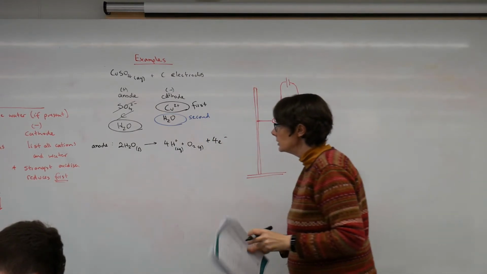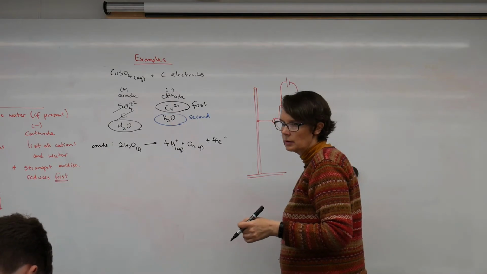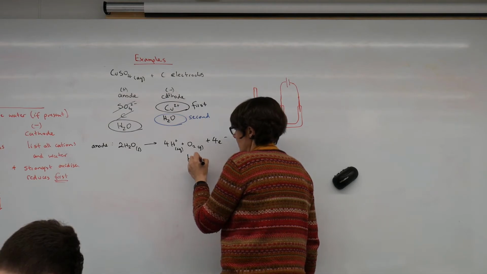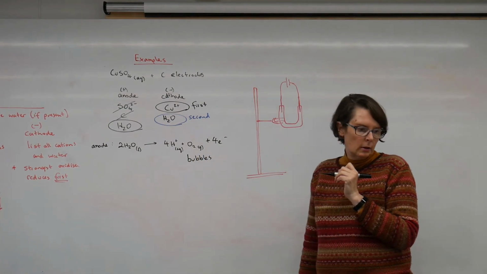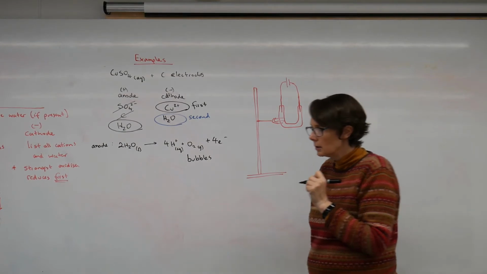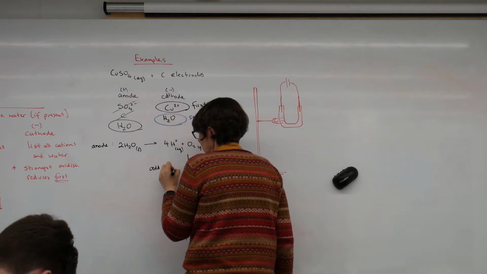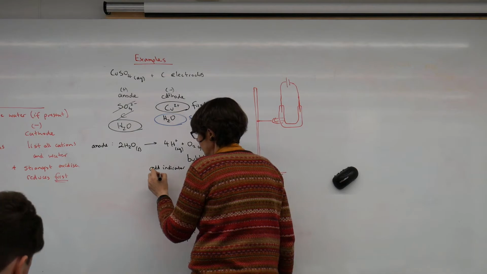So what are we going to see at the anode for this reaction? Bubbles. And what else could we observe? Okay, we can add indicator. And what colour will it be? Red.